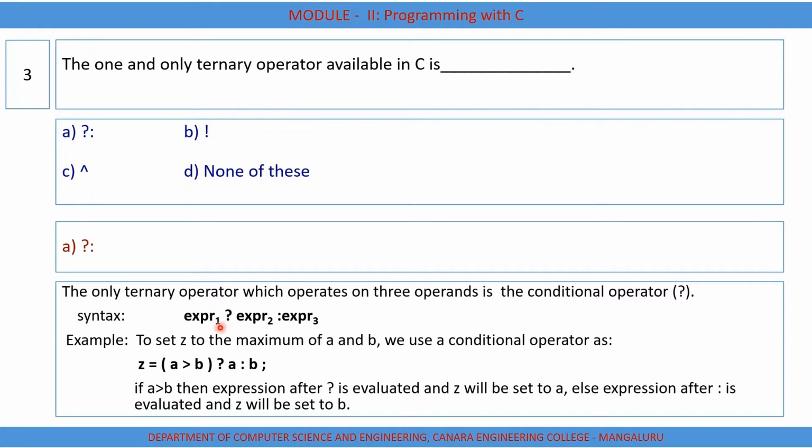If expression 1 is false, expression 3, which follows the colon, is returned. One example: Z equal to A is greater than B, conditional operator, A colon B. If A is greater than B is true, then A is returned. If it is false, which means that B is greater than A, then B will be returned.